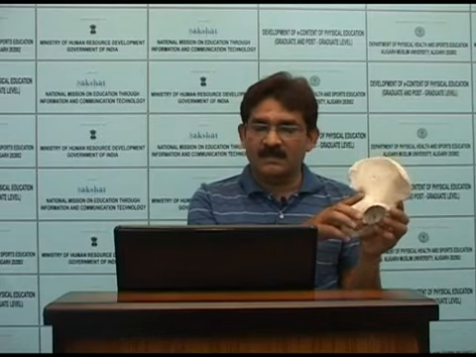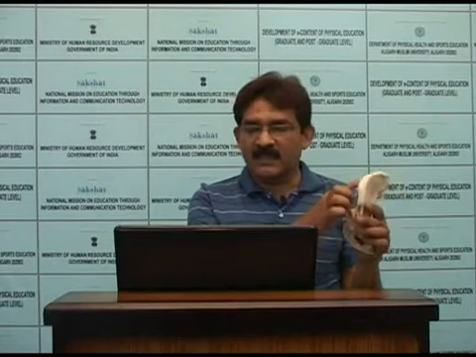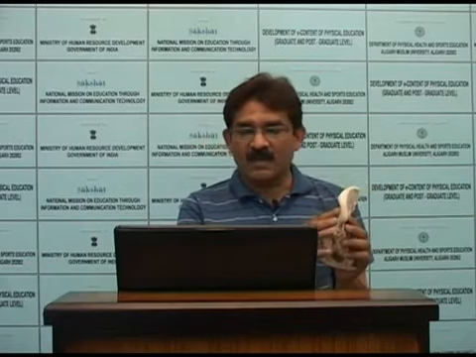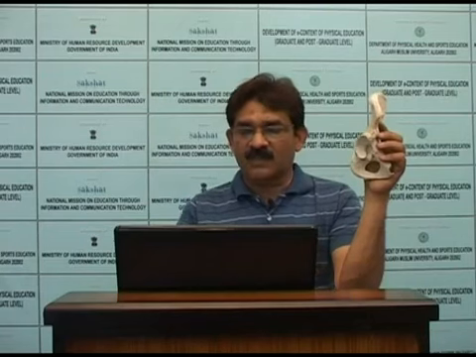Here is the greater sciatic notch. Gluteal surface, this is the gluteal surface of the body. Iliac fossa, this is the iliac fossa. Arcuate line, auricular surface, iliac tuberosity.